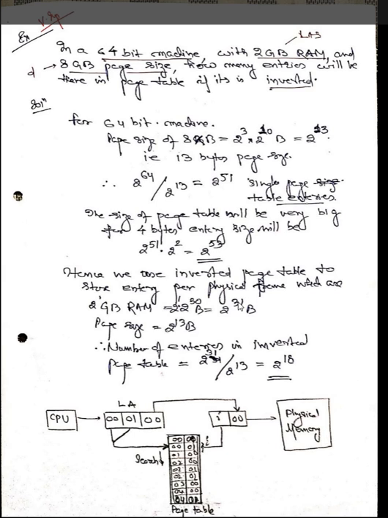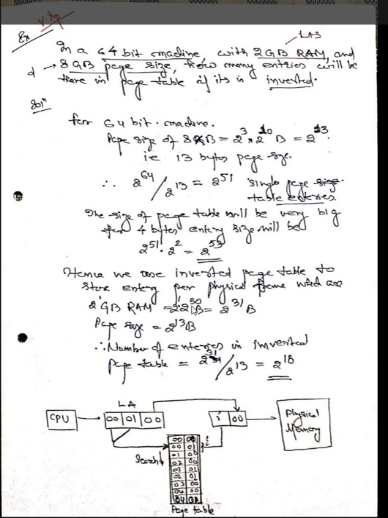The 31 indicates your RAM size, the physical address space. Now what is the page size? That is the same as this one. So 31 minus 13 is nothing but 18.